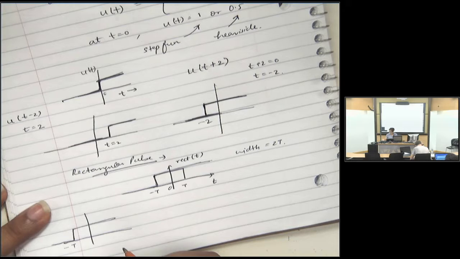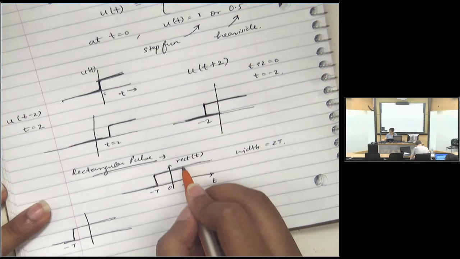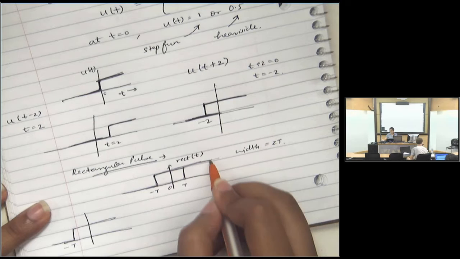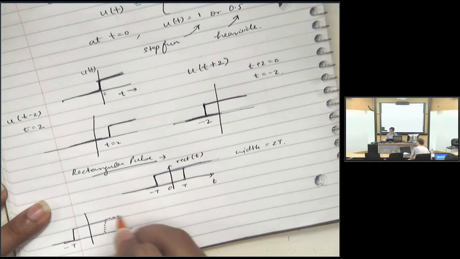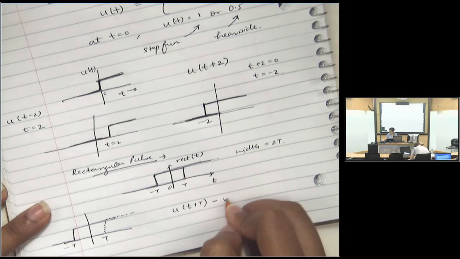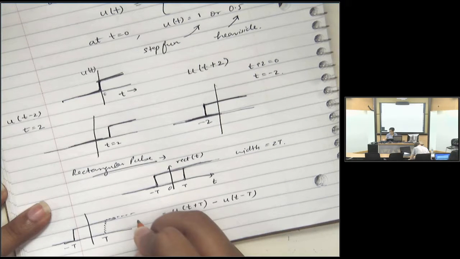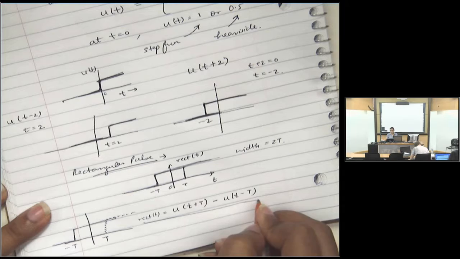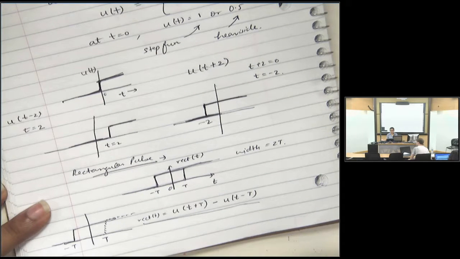Then this is a second unit step function which is centered at t. You subtract the second one from the first one, and that's it. So u of t plus t minus u of t minus t. Make sense? Any doubts on this?